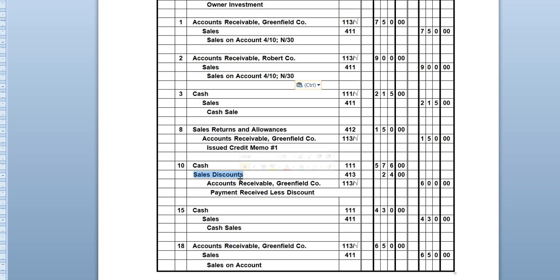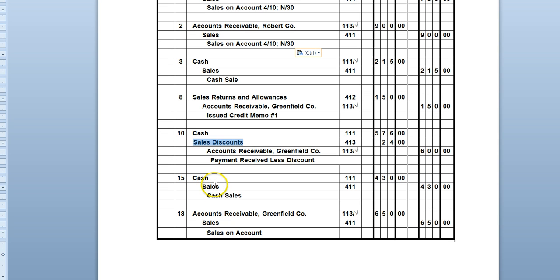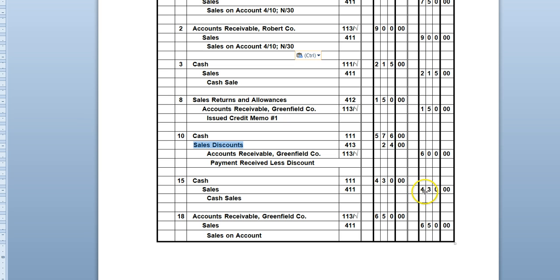They are both subtracted. Usually you add the two of them up together and subtract the sum of the returns and the discounts from the gross sales account in order to get the net sales.